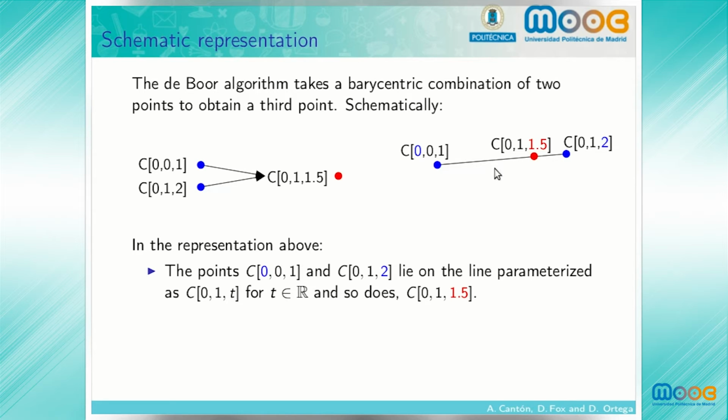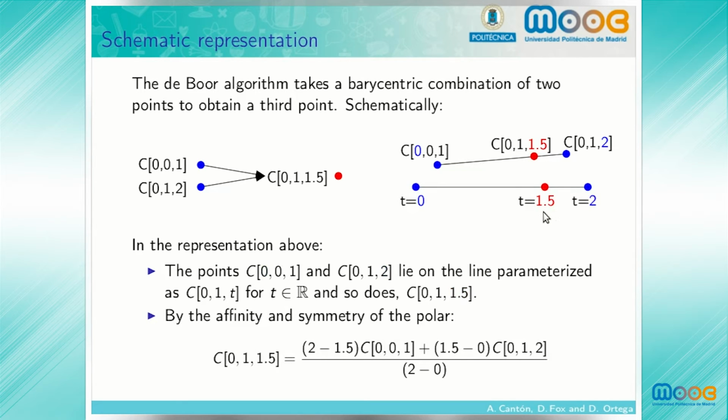So we see here that the point C(0, 1, 1.5) lies on the line segment defined by C(0, 0, 1) and C(0, 1, 2). In fact, the point C(0, 1, 1.5) divides the line segment in the same proportion as 1.5 divides the segment between 0 and 2. That means the distance of these 2 points divided by the distance of these 2 points is equal to the distance of those 2 points divided by the distance of these 2 points.